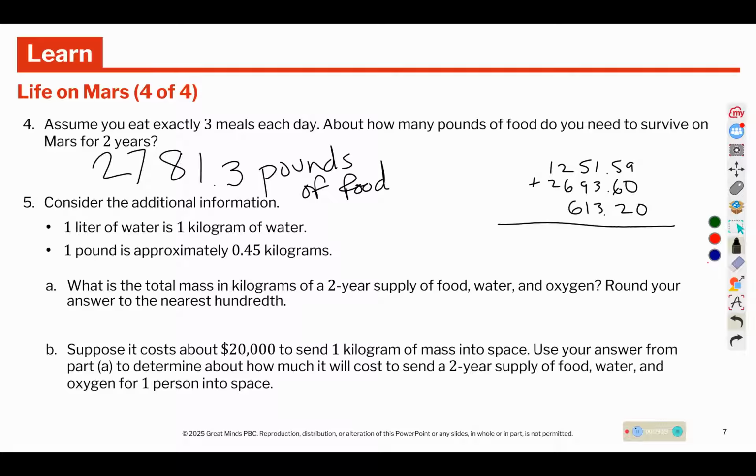We can put zeros in there since we're adding just to help us keep it lined up. 9 plus zeros is 9. 5 plus 6 is 11, plus 2 more is 13. 3 and 3 is 6, 7, 8. 9 and 1 is 10, plus 5 more is 15. 6 plus 6 is 12. 13, 14, 15. 2 plus 1 plus 1 is 4. So this should be 4,558.39 kilograms.